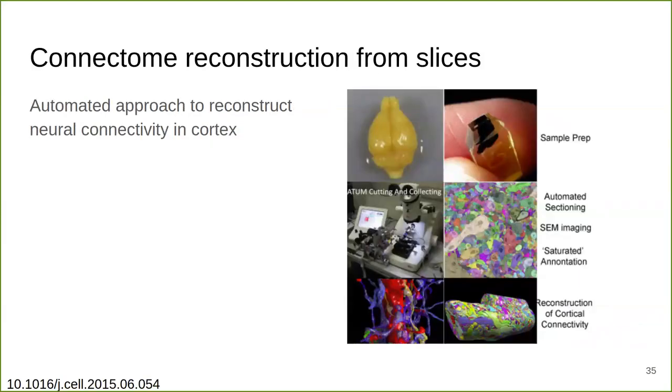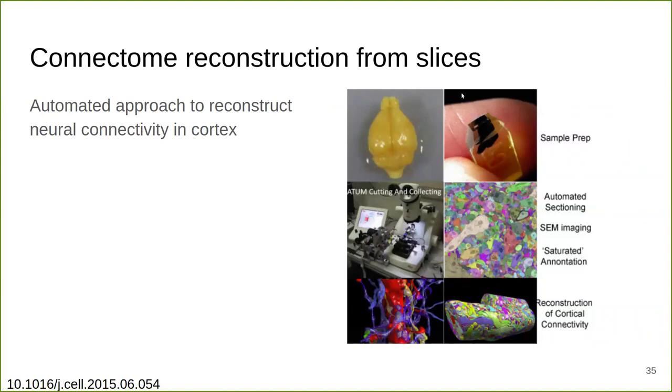But this technique is not exactly high throughput, because you need to do these injections with singular cells, and so for large scale reconstruction of connectomes, it's not exactly practical. So the way you can reconstruct connectome in a more large scale approach is that you can utilize the reconstruction of connectome from thin tissue slices.